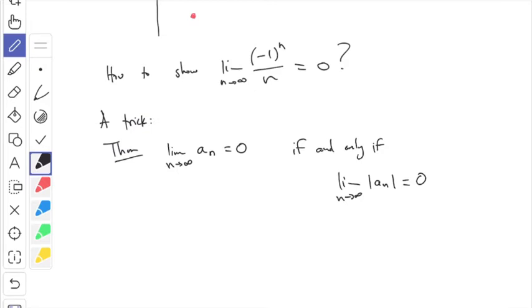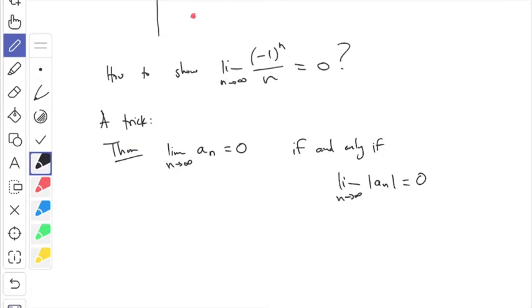If some sequence is getting closer and closer to 0, automatically that means that the absolute values of that are getting closer and closer to 0. That's because the absolute value of 0 is the same as 0. So if something is becoming 0, it doesn't matter if it's positive or negative. It's becoming 0.